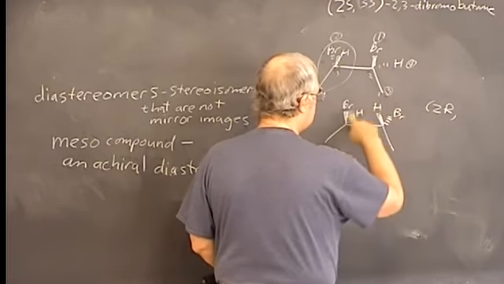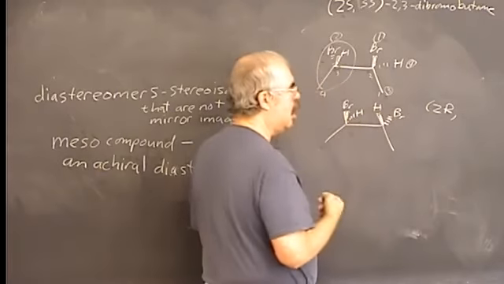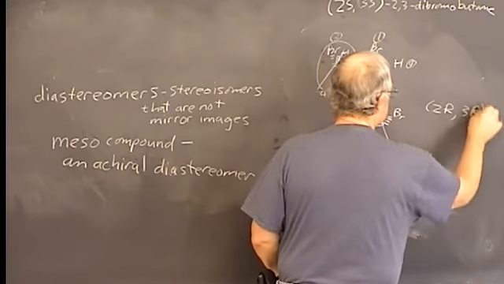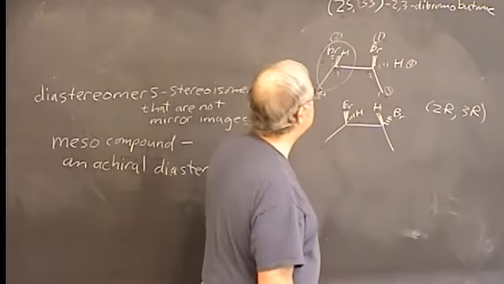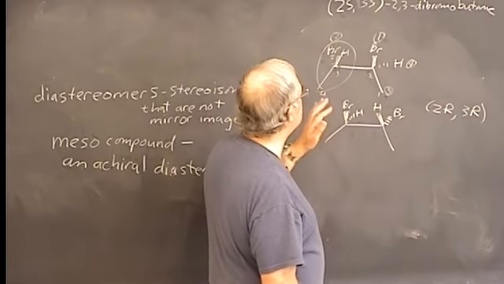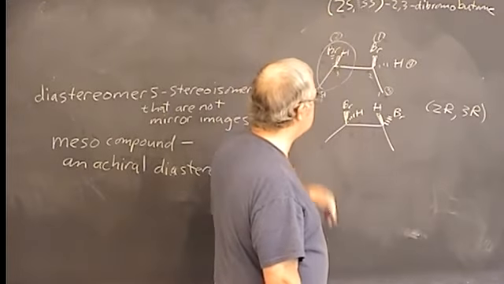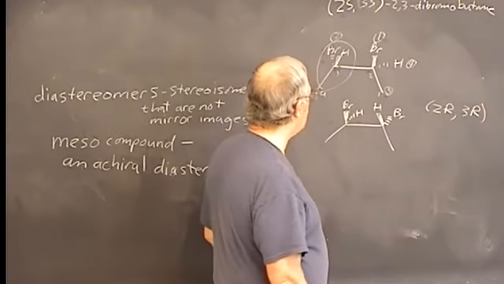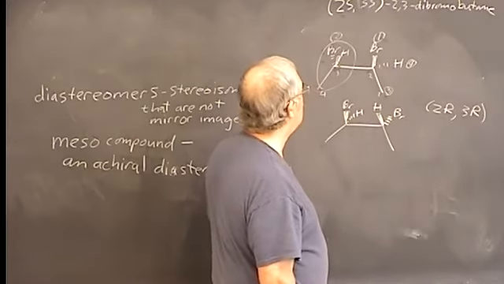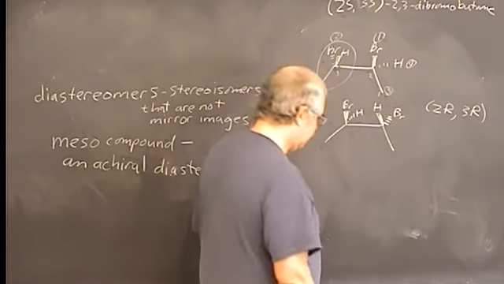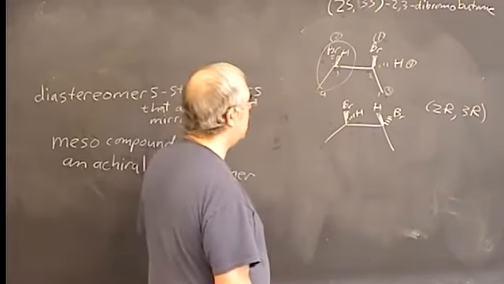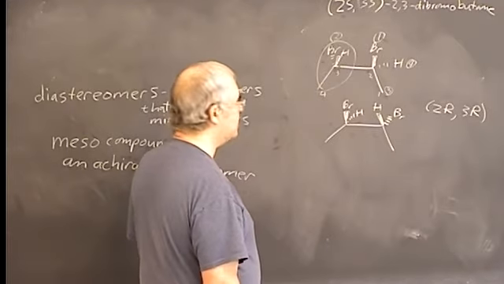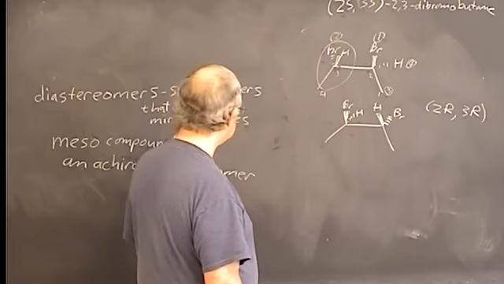It looks counterclockwise, but you're looking at it from the wrong direction. So it's actually R. Okay, and that should make sense because to go from this mirror image to this one, we had to switch both of these chirality centers. Okay, so those are enantiomers, and we've specified the configuration.